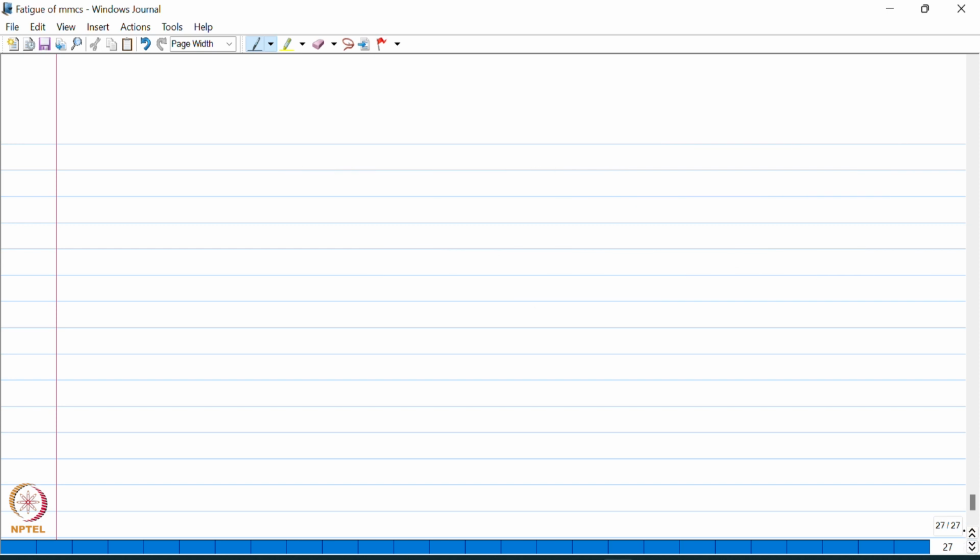So the data presented here on fatigue crack growth in MMCs are generally collected from fatigue tests conducted under constant R at values less than 0.3.